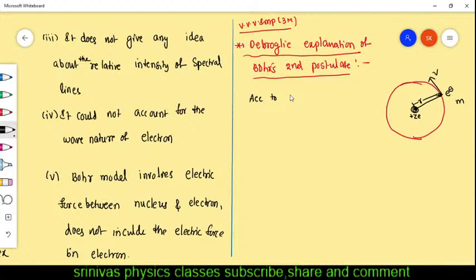And according to de Broglie, what is that? We discussed the de Broglie hypothesis in the dual nature of radiation and matter. What is the de Broglie hypothesis?